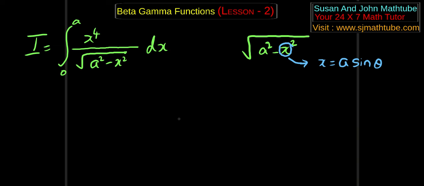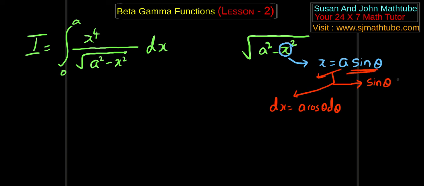What are the two things? Okay, the differential. So dx equal to a cos theta d theta. And then tell me what is sine theta equal to, because sine theta means x by a. So theta will be sine inverse x by a.